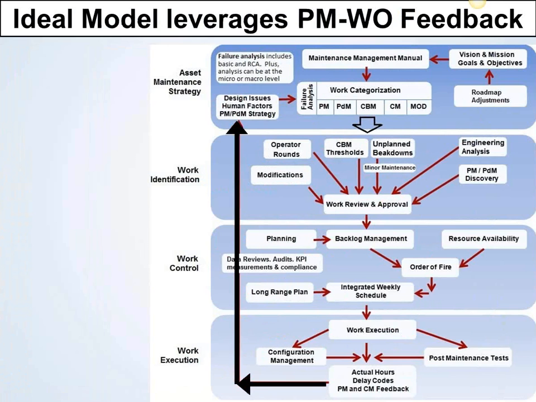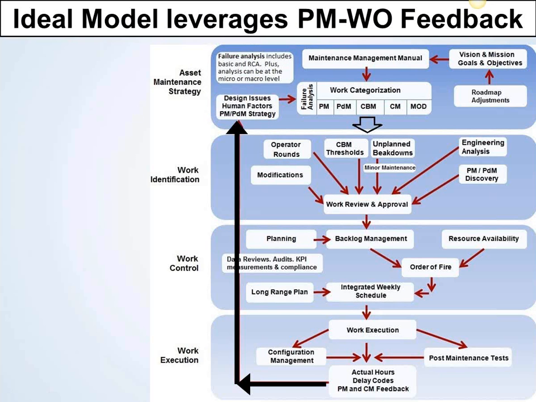This is another summary picture showing what we call the ideal model, and there are 3 significant strategies here I want to point out. The PM work order feedback at the bottom of this picture, where it shows actual hours and delay codes, but specifically the feedback portion, is where the process starts. It comes up there and gets reviewed by the reliability team. They may also assign action in the case of failure analysis.